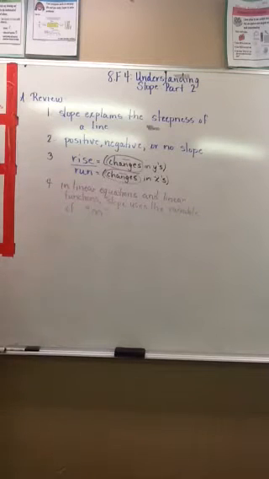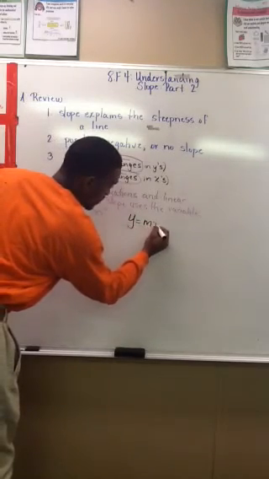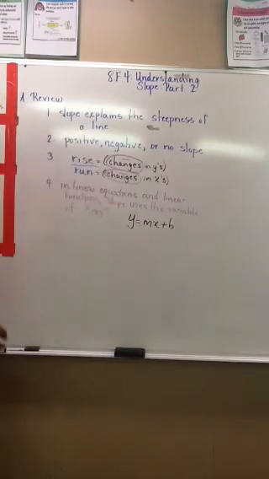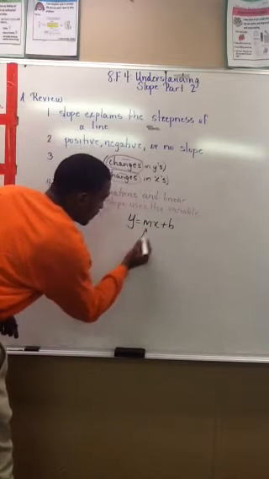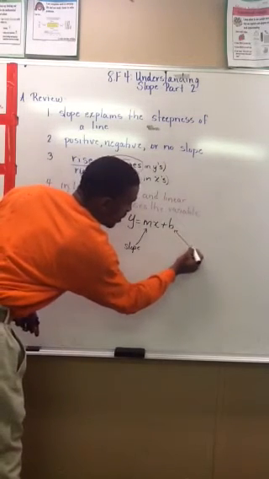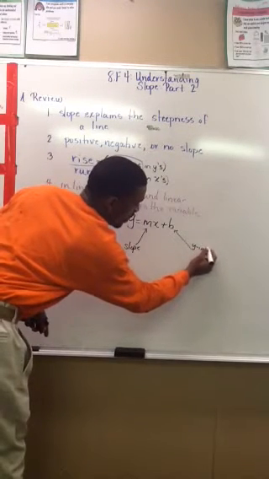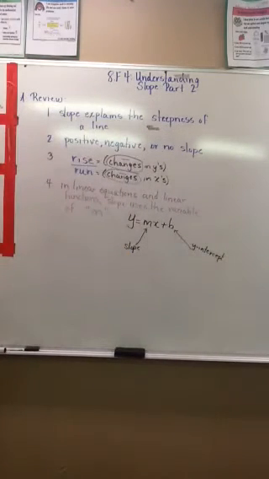We know in a linear equation, when we see y equals mx plus b, which I exposed you to a couple days ago, the m is the slope and the b is the y-intercept. If you don't remember what the intercepts are, you need to go back and look at Understanding Slope Part 1. That's just a recap of what slope is.